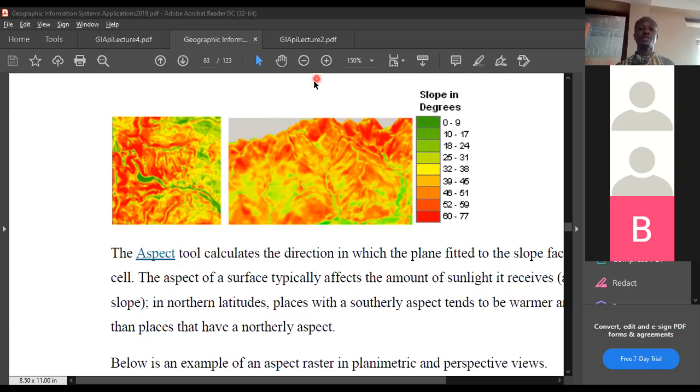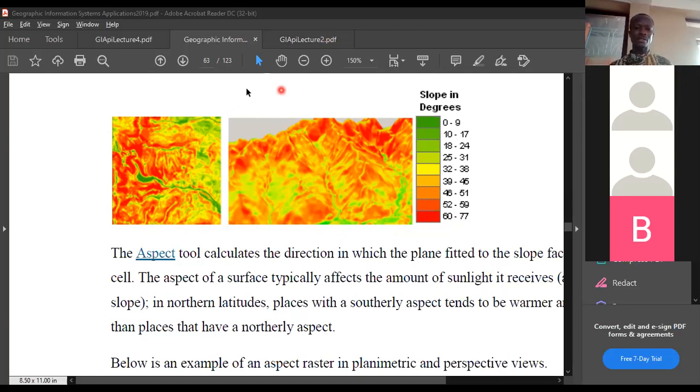I don't want to go deeper than I'm supposed to, otherwise you'll feel it's coming in the exam, so let me leave it like that. Let's take the red areas. The values of the red areas are very steep. Those are the areas where you can easily fall down.